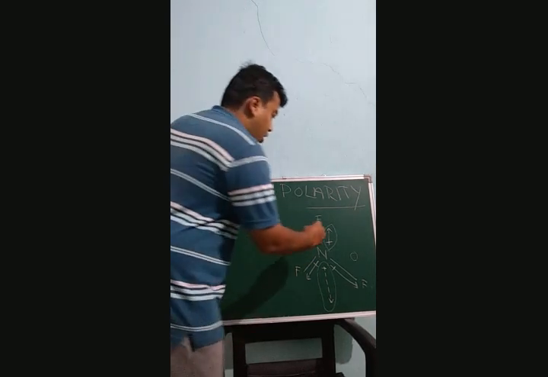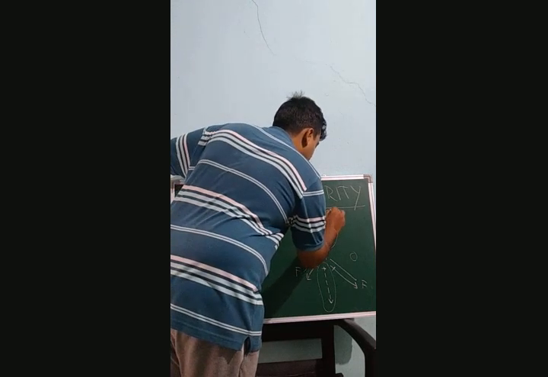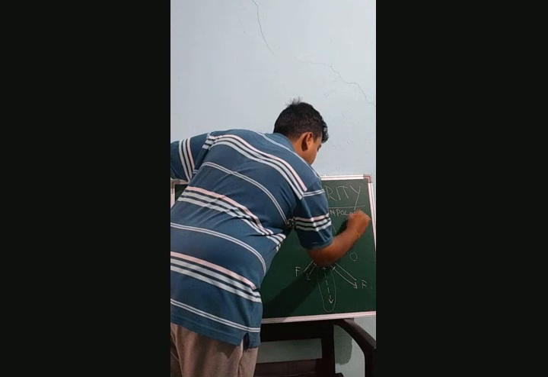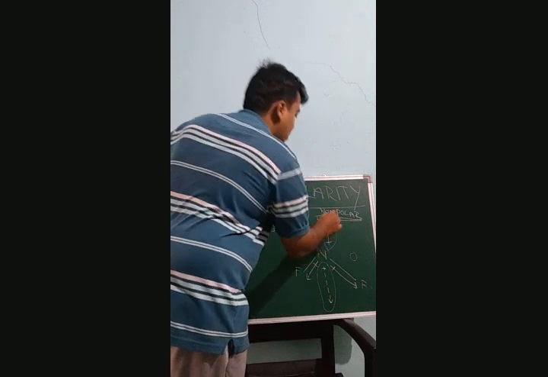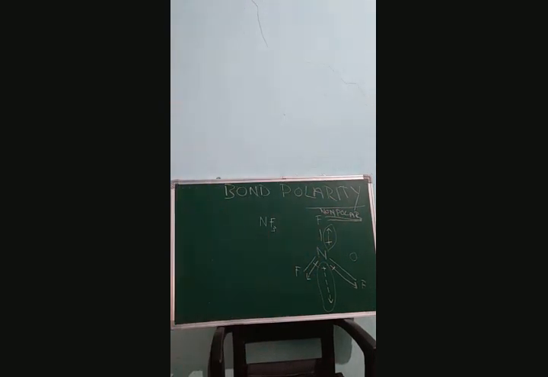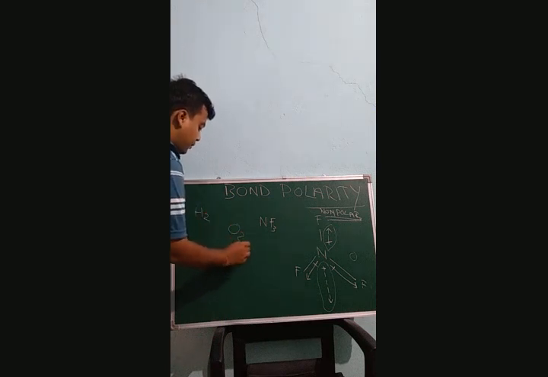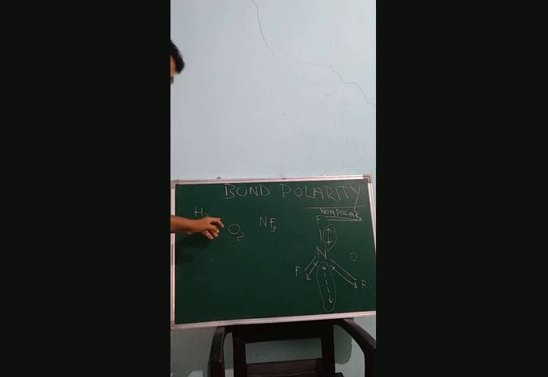Similarly, more examples of non-polar molecules will be H2 or O2, because the position of the electron is exactly between both the atoms.